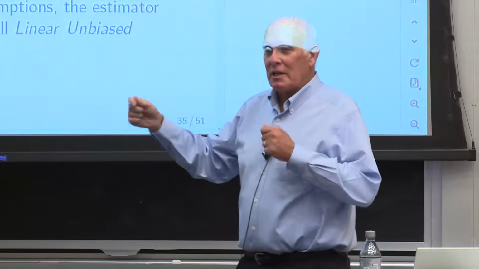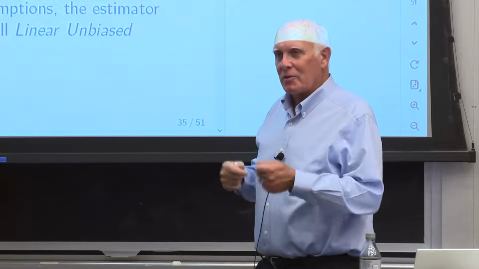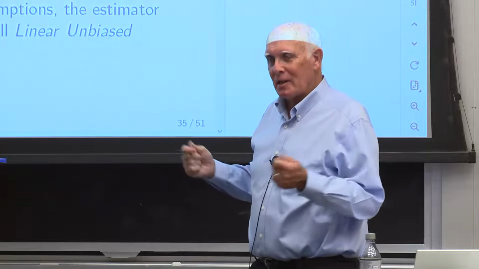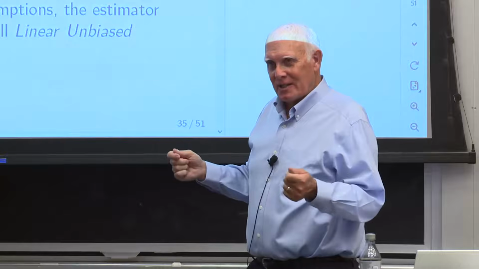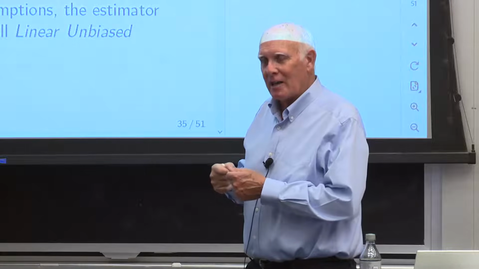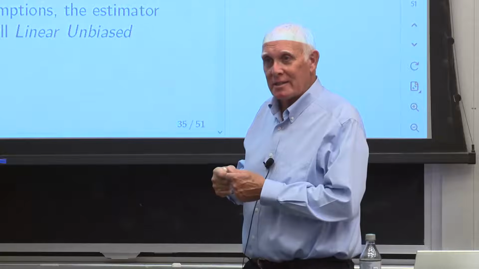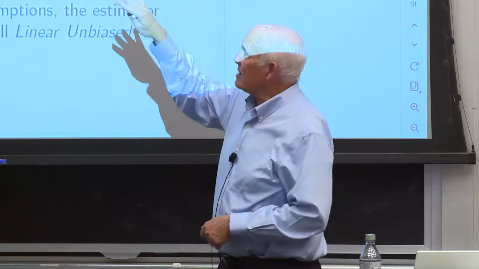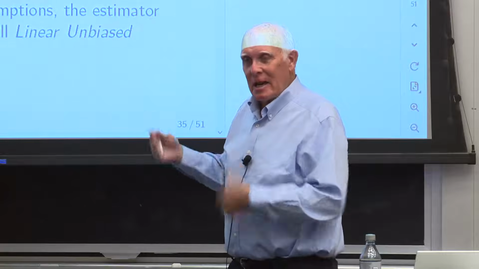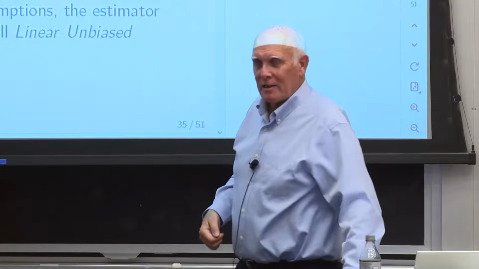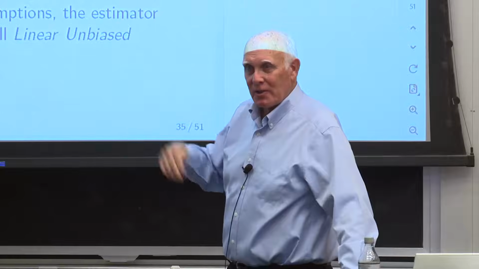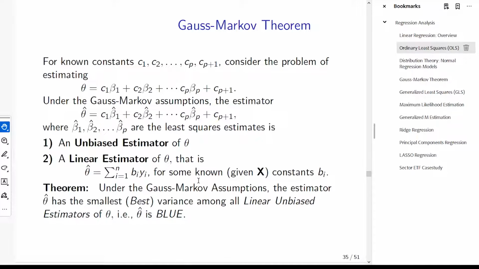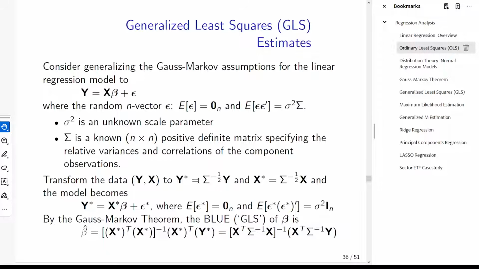If we have two x vectors for different cases, and we're interested in the difference in mean values for those two cases, then we can have these c's represent the difference in the x's, and we're estimating the difference in mean values for different cases. So it really is a very, very general theorem. And while it's a very wonderful theorem, it depends on the Gauss-Markov assumptions.